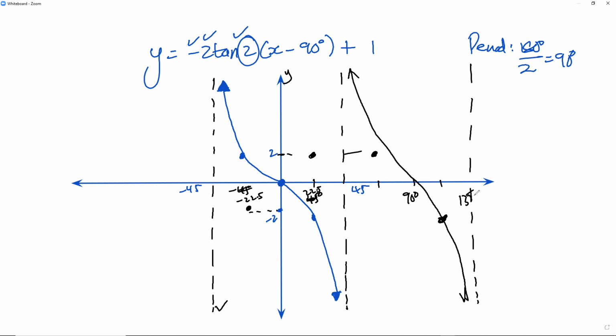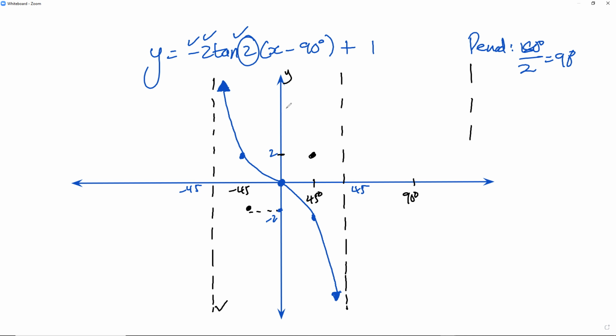So what have I actually done? I've actually just rewritten the same graph. Now, if I have a certain domain, this original graph already allows me to get that repetition anyway. So shifting a tan graph left or right 90 degrees after you've reduced the period to 90 degrees means that you are drawing the same graph.